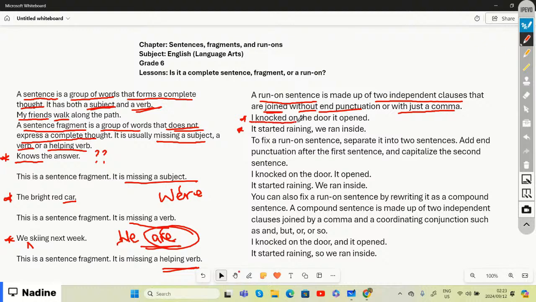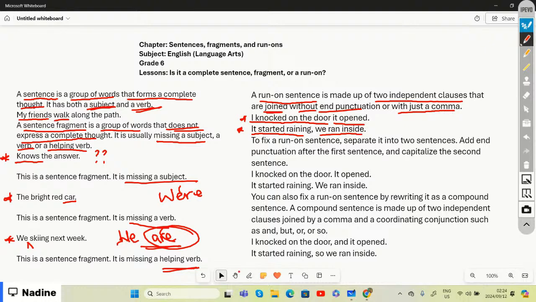I knocked on the door, it opened, but there's no end punctuation somewhere over there, only at the end. And in the second example, here at least it is joined by a comma, where it says it started raining, we ran inside. So those are two run-on sentences. The one is joined without an end punctuation, and the second one is at least joined with a comma.